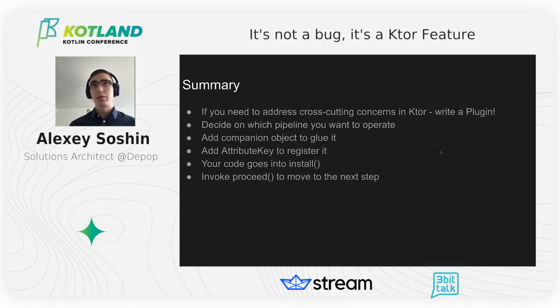So in this case, we wrap the application pipeline and we return our plugin. This is the code. As you can see, about 60 lines of code, that's all it took us.